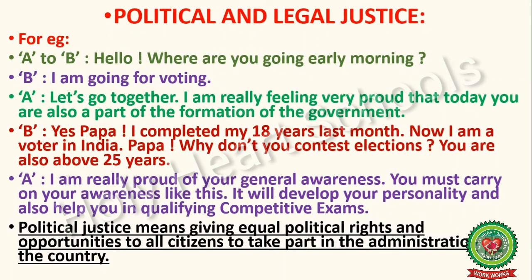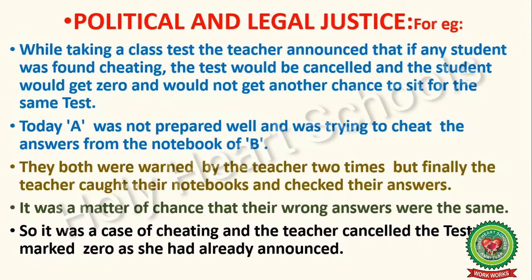When they cast their vote after 5 years, naturally they will elect some candidate from their constituency, and that candidate will sit in the legislature and will participate in the administration. And after 25 years, they can also become the candidate, and they participate in the administration. So that is political justice.